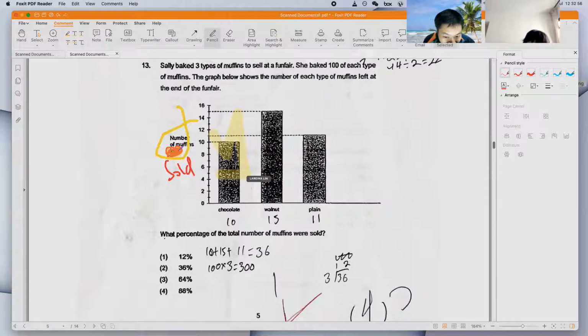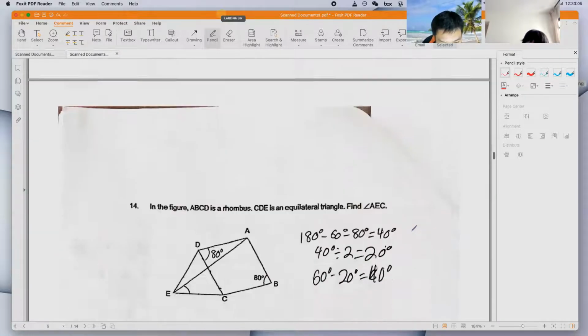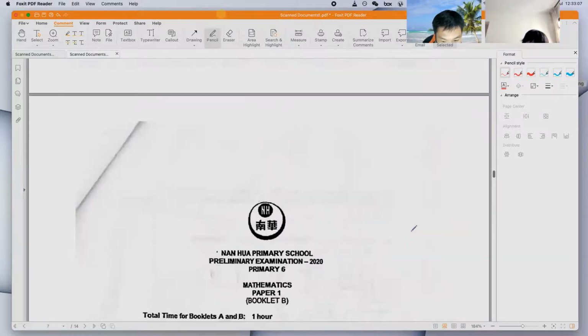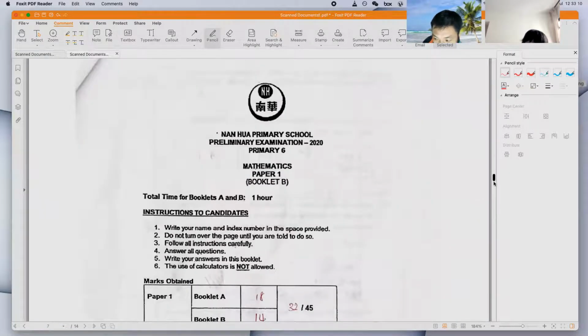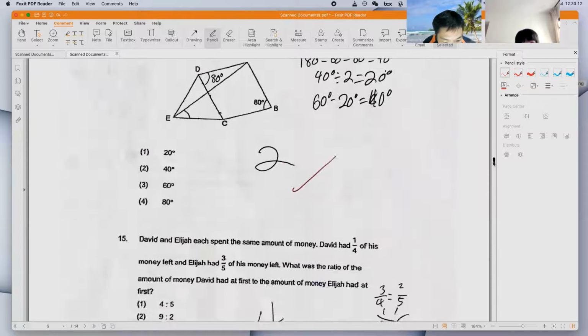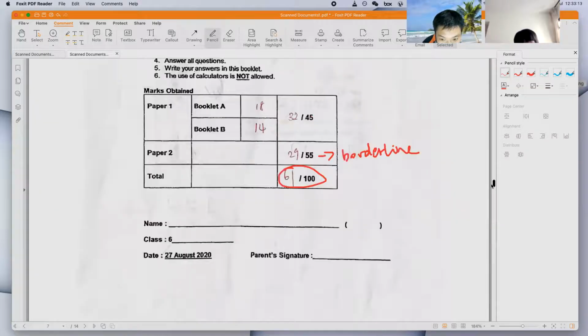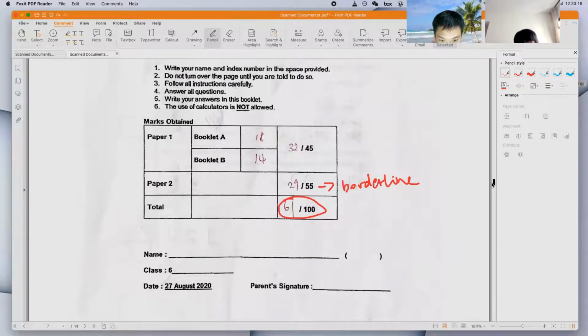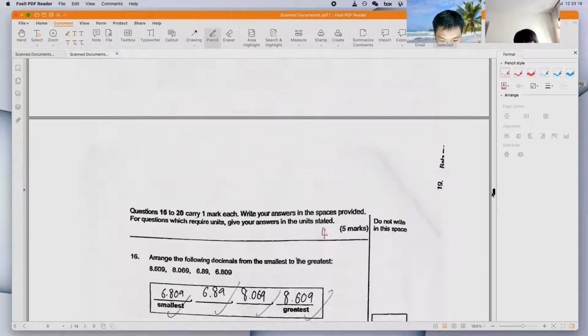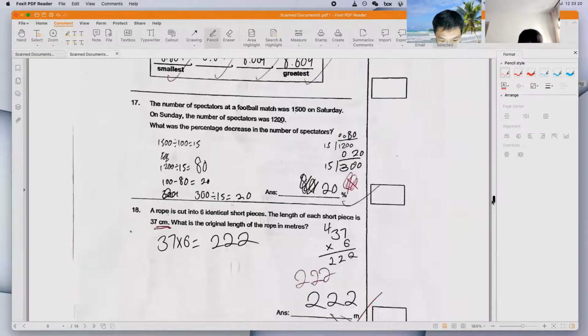So yes, must read the question carefully. Okay, so MCQ one mistake, the rest all good for paper one.